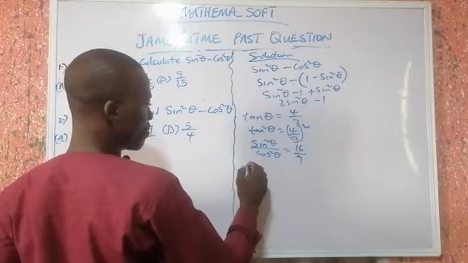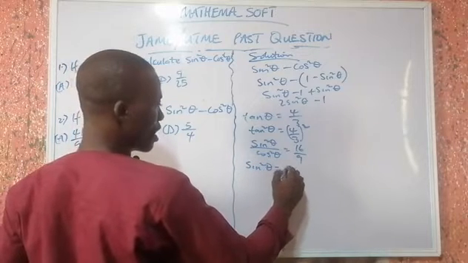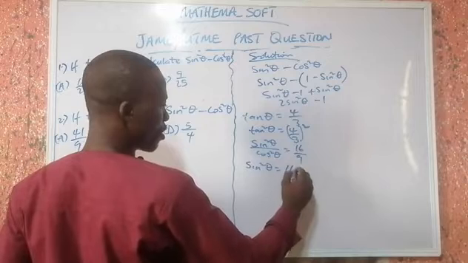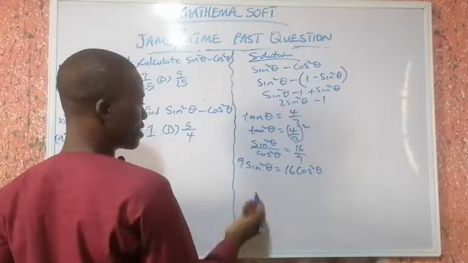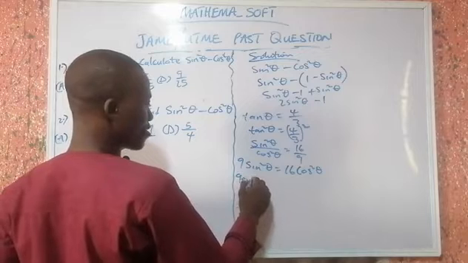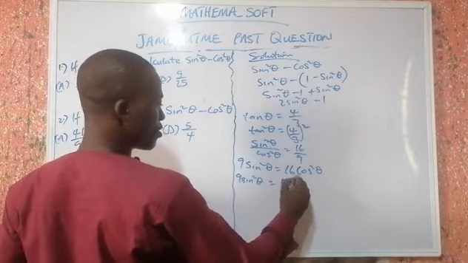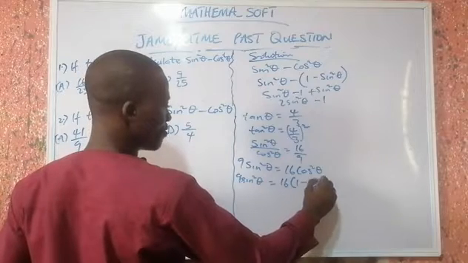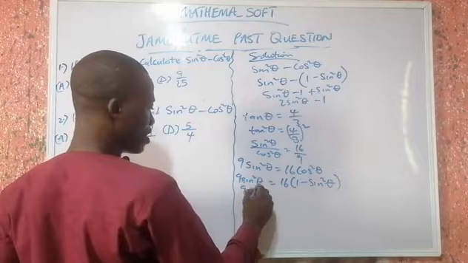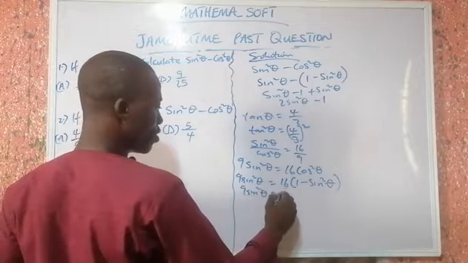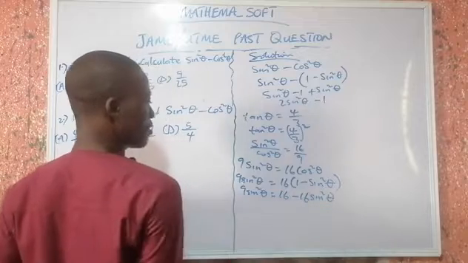So I can cross multiply: 9 sine square theta equals 16 cos square theta. Let me eradicate cos square theta so that I will have only sine square theta left. That will be 9 sine square theta equals 16 minus 16 sine square theta.